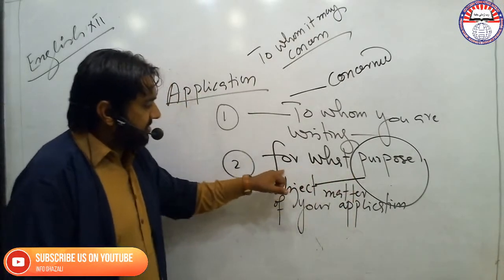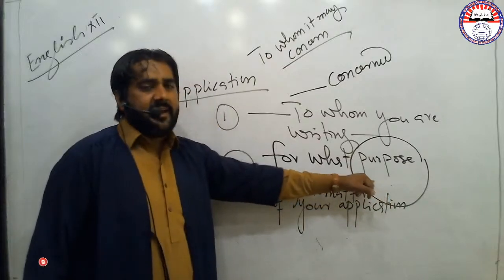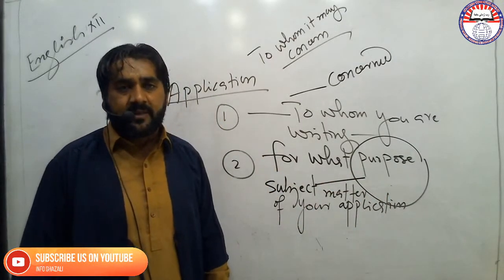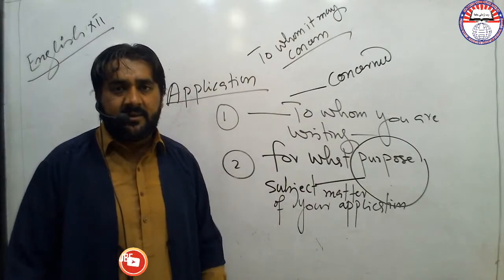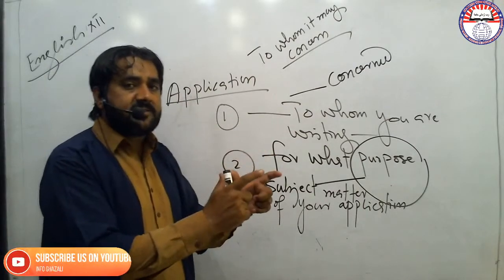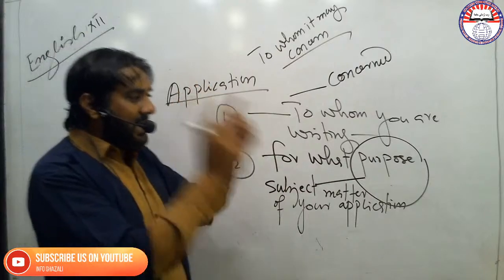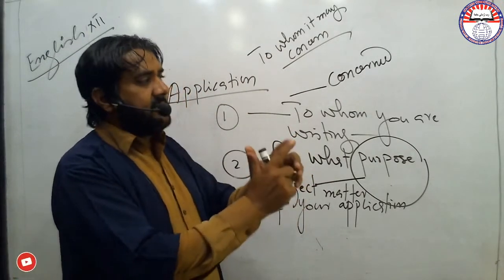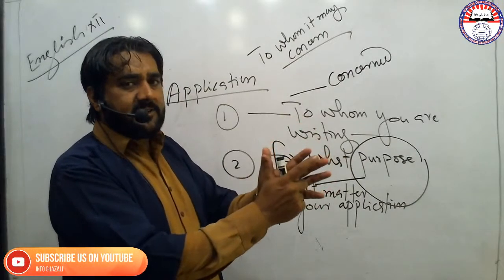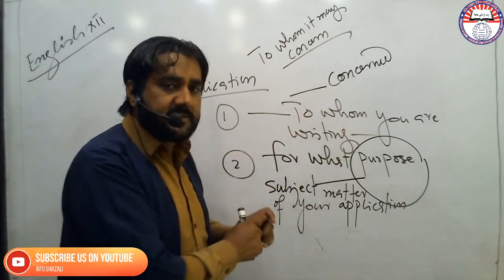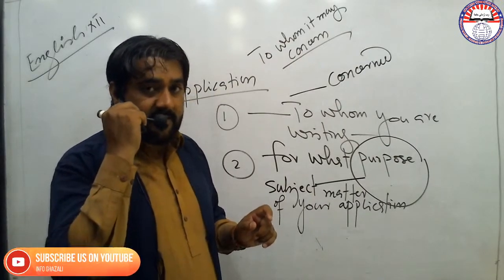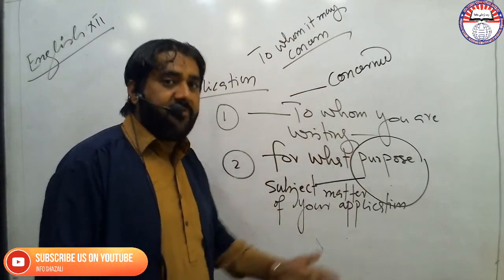So whenever we say for what purpose we are writing, it means what is the subject matter of our application, why we are writing. You need to mention your purpose. You need to clearly write your purpose. That I am writing this application for this and this and this purpose. Is that clear? If it is clear, then let me move further.